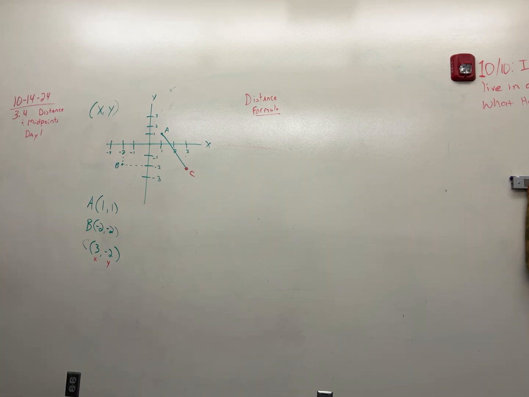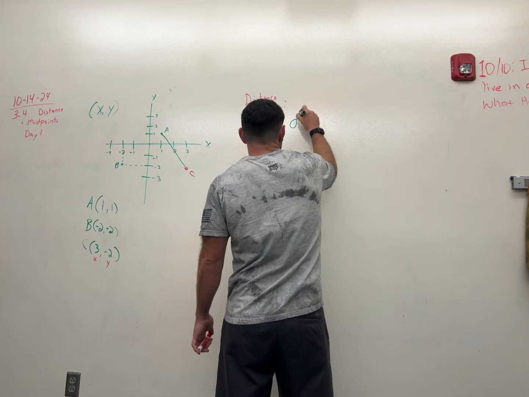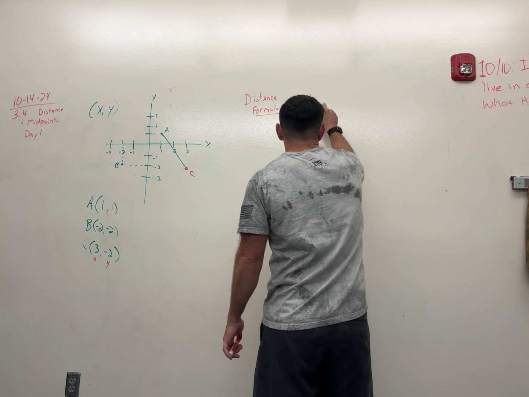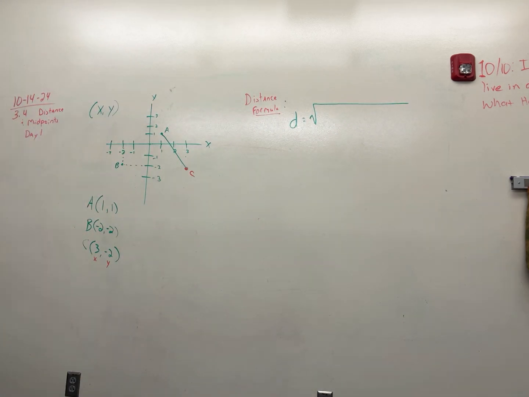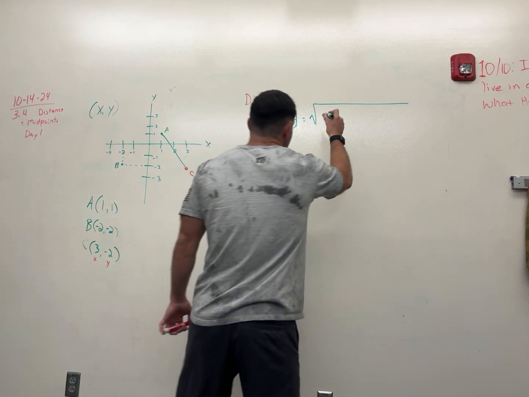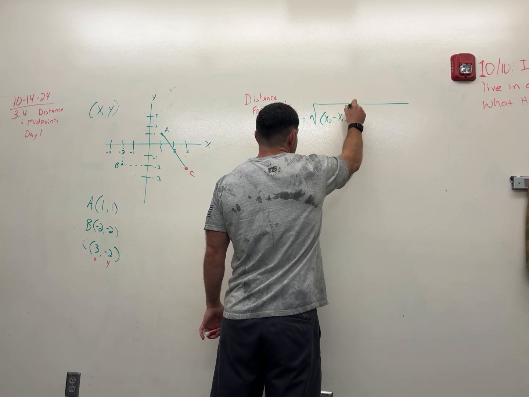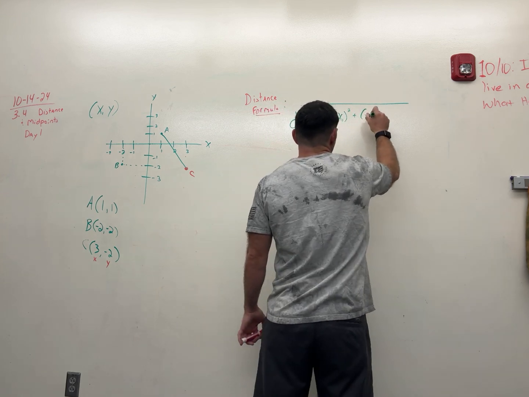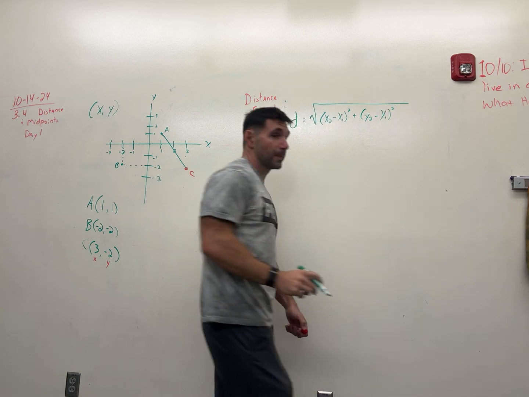To do that, we are using this equation. D equals the square root. Okay? And I'll show you how to do all of this on your calculator. So D equals the square root of x2 minus x1 squared plus y2 minus y1 squared.